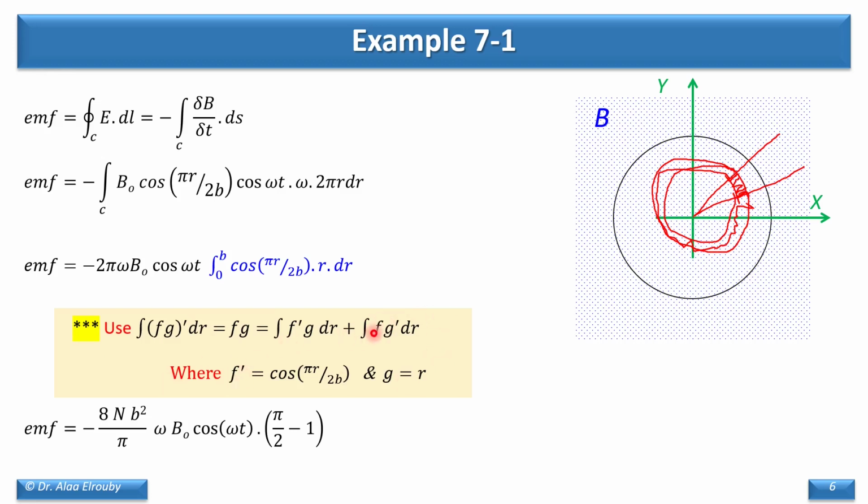You need to review it and work out the integration yourself to come up with this expression, which is the EMF, the electromotive force along this loop, and find out its expression.